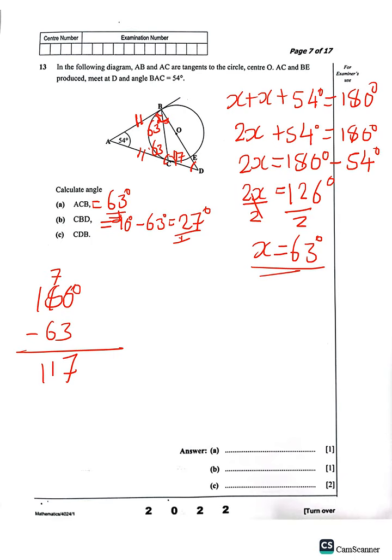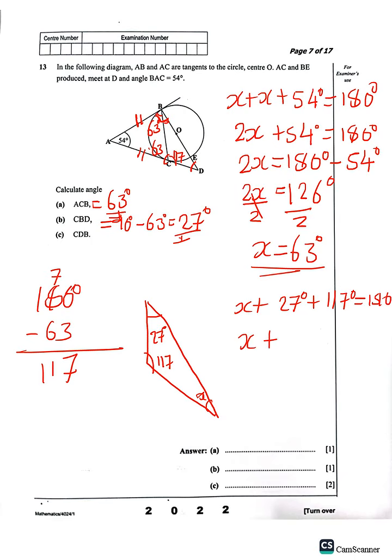117. So let me try to redraw this. So this angle here is 117. Then this angle here is 27. So for us to find this angle, we need to add the two, then subtract them from 180. So x plus 27 plus 117 is equal to 180.